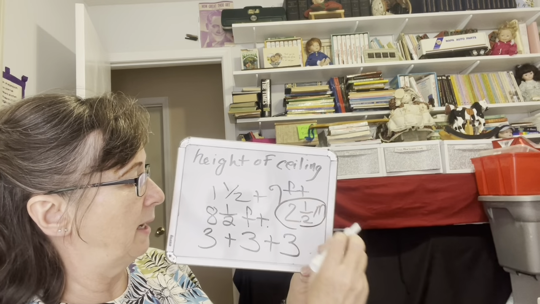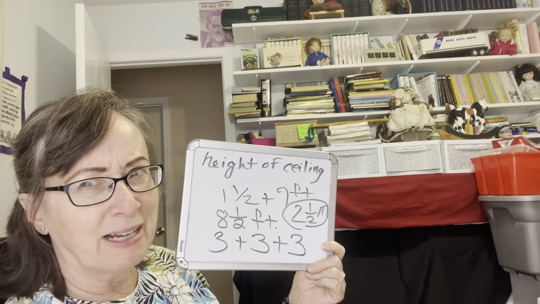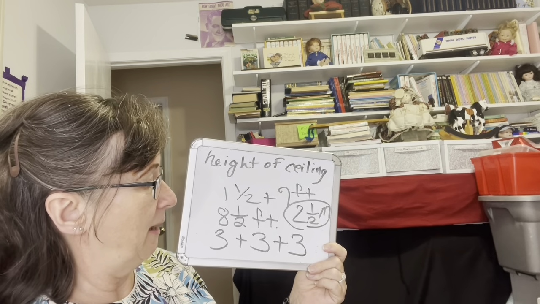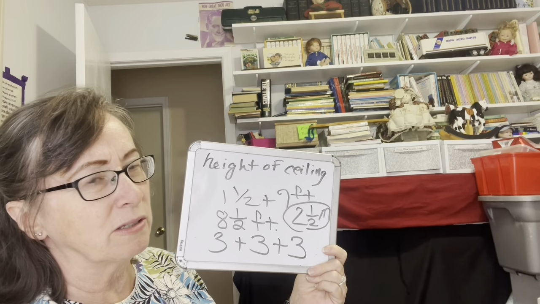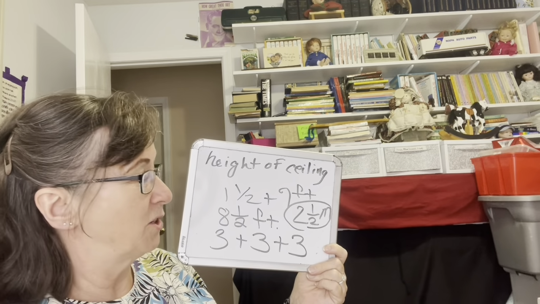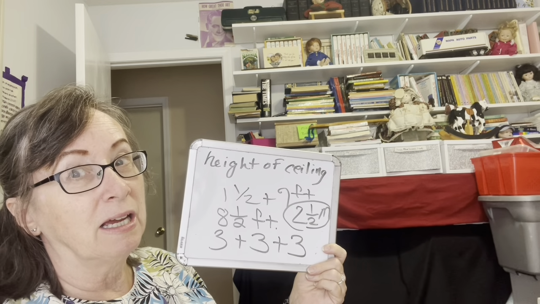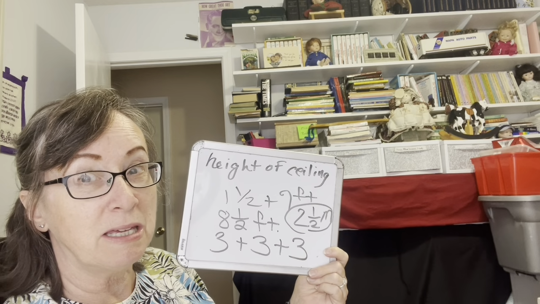Okay, maybe 2.5 meters. Because when we're estimating, we're not going to be exact. Okay, we're not trying to do the math exactly. I know it's not quite 3 meters. And I know it's more than 2 meters. Because 2 meters would be closer to 6.5 feet, maybe.